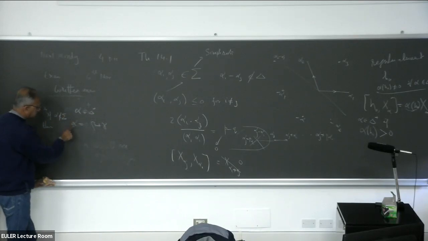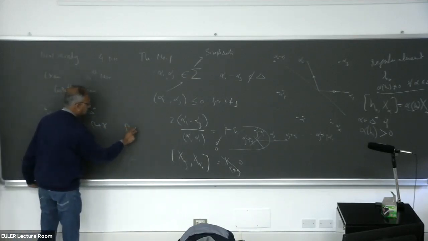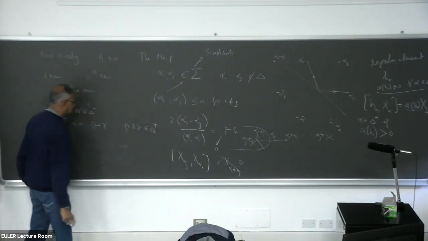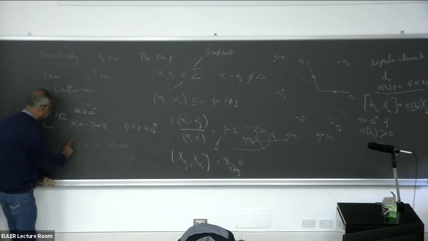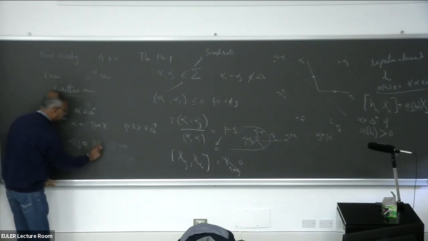I should be able to express alpha as a sum of two positive roots. But now if you look at alpha(H0), it will be equal to beta(H0) plus gamma(H0).